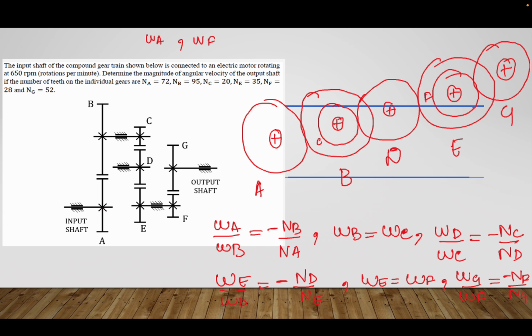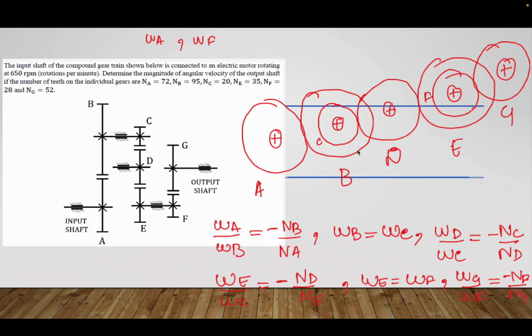So this is basically a different representation of the gears which is given in the question. Other than that, omega input is given, and we have to find omega output, and the others are also given.